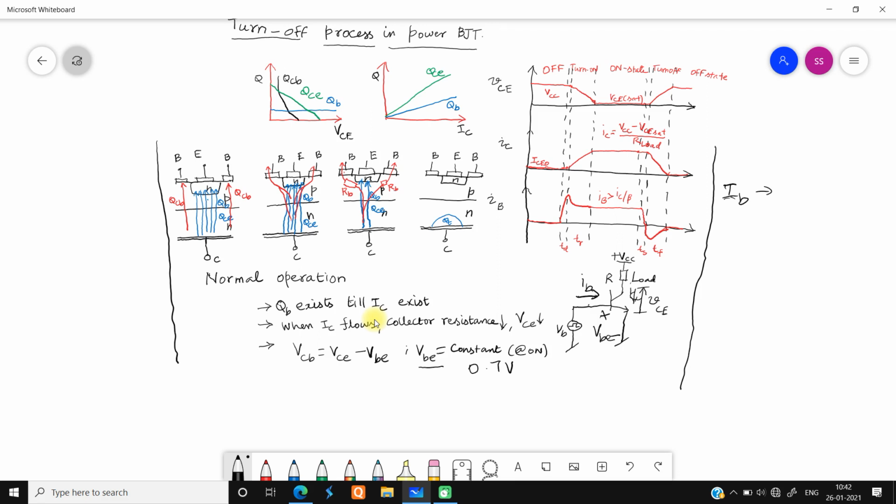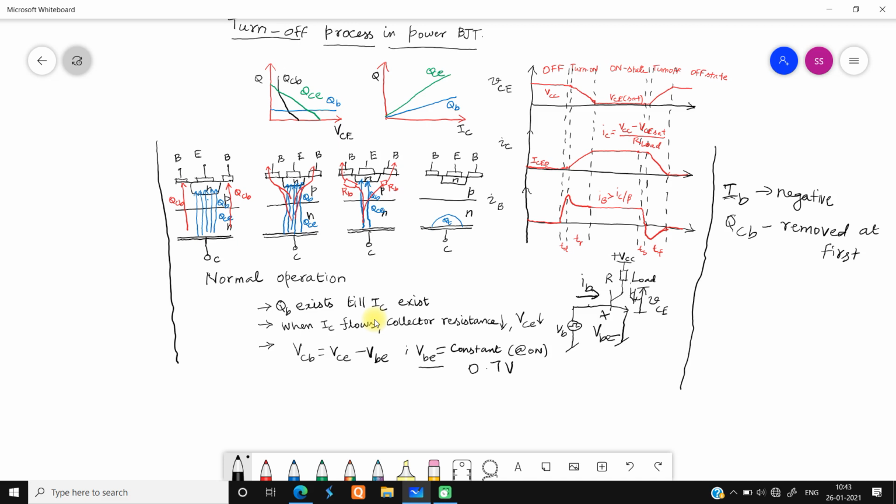So the first thing, IB should be negative. If you are giving the negative IB current, which is shown here, the QCB charges are going to be first removed, because these are the first charges that constitute the charge accumulation in the device very rapidly.